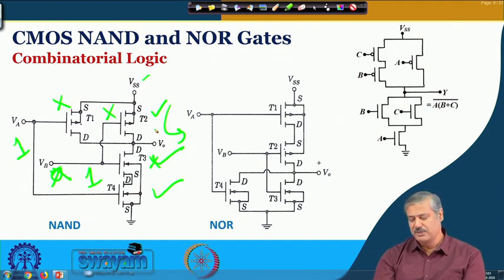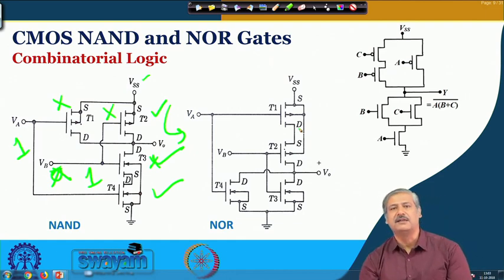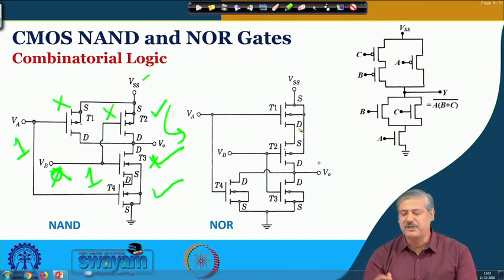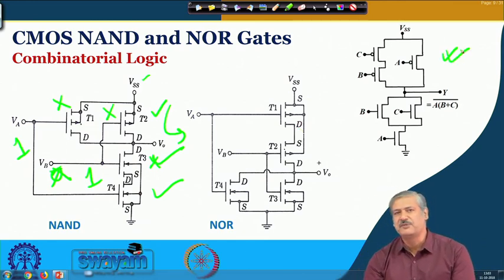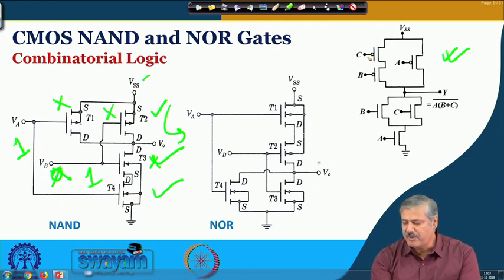NOR is similar. So, these two will be now in parallel and the PMOS will be in series, right. And extending it further, we can develop many kinds of combinatorial logic by different combinations of this. So, this is also something by which drawing becomes a bit easier. So, this presence of bubble over here actually signifies PMOS.